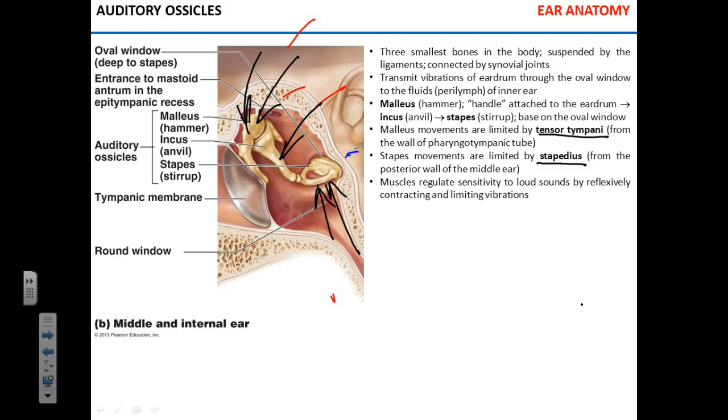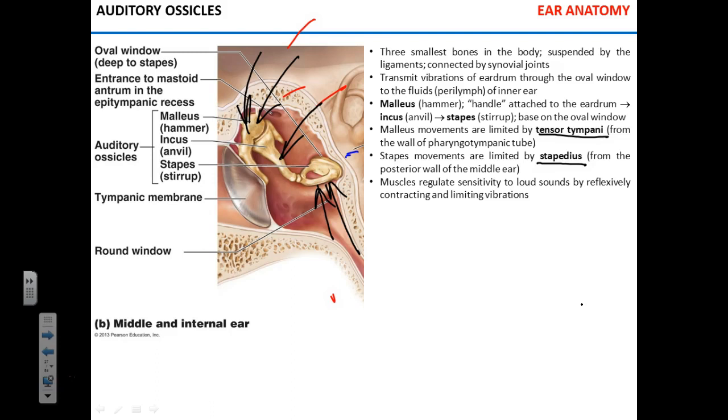These muscles limit the vibrations of the auditory ossicles. Does that make sense? Think about this. If you hear a really loud sound, what's going to happen to the tympanic membrane amplitude?